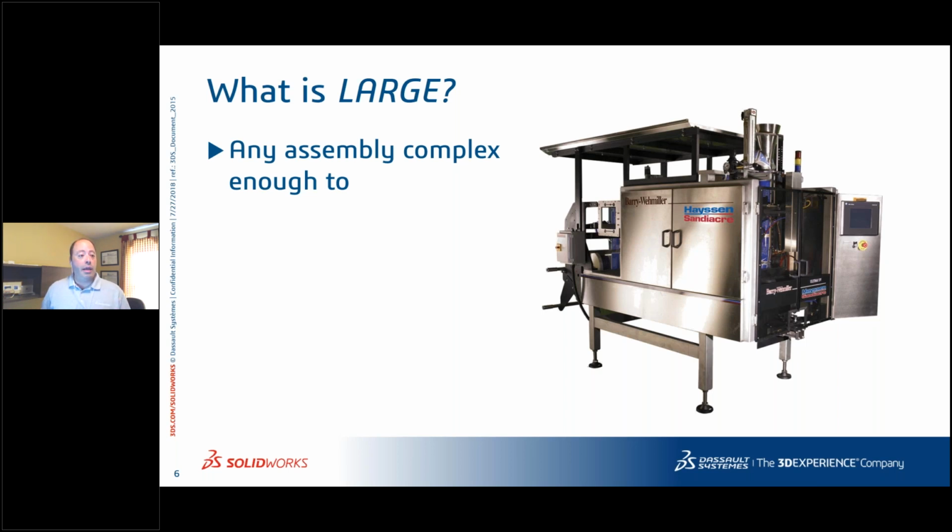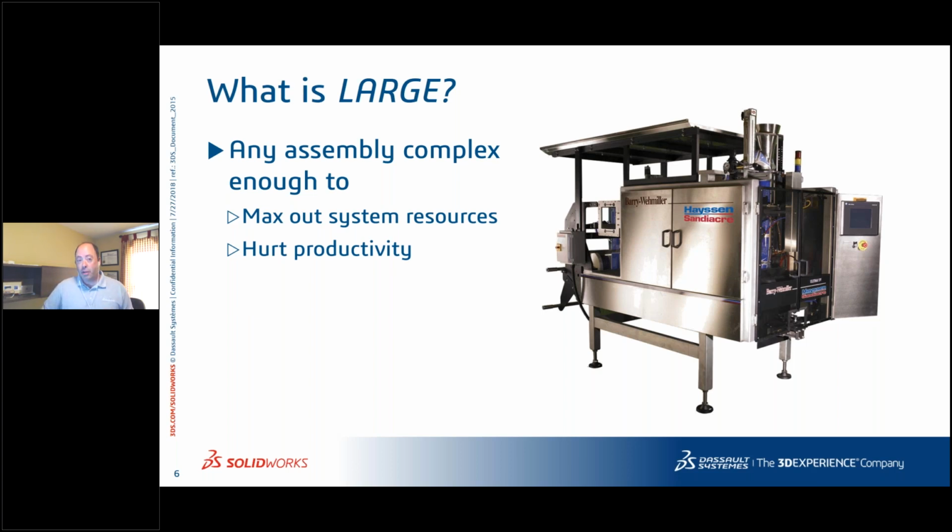We define a complex or a large assembly as an assembly that's complex enough to 1, max out system resources, or 2, hurt productivity. As simple as that, right? So if you're in a situation where either your system's maxed out or your productivity is hurting because of the model, I would consider you as having a large assembly on your hands.